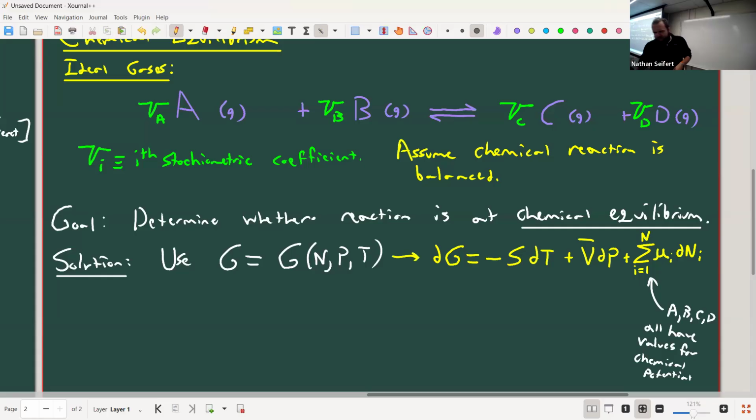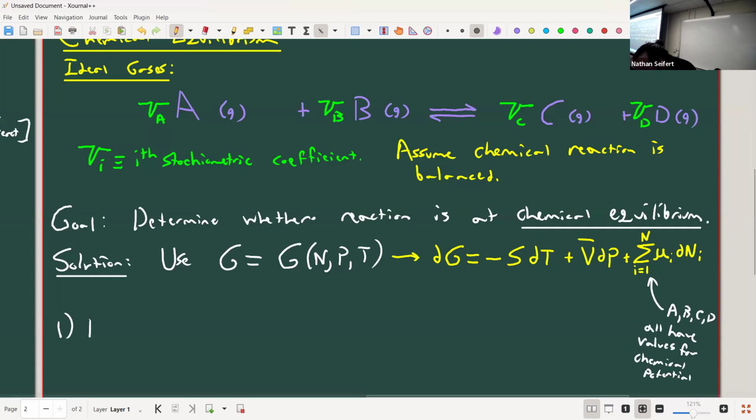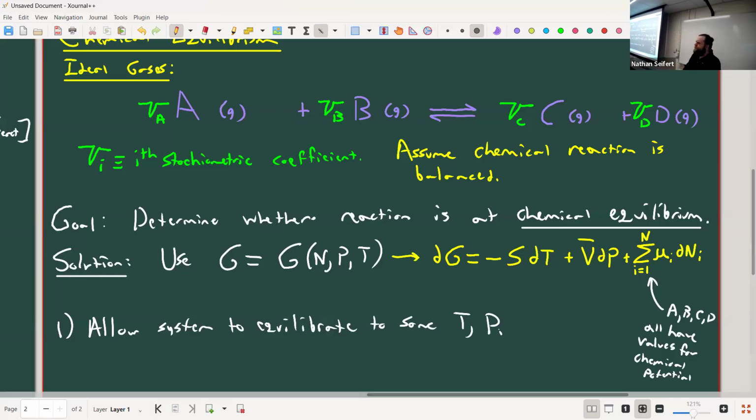Imagine I take this reaction and I run it for a little bit and I allow the system to equilibrate to some T and P. I put it in a flask at some atmosphere and I just let it go.